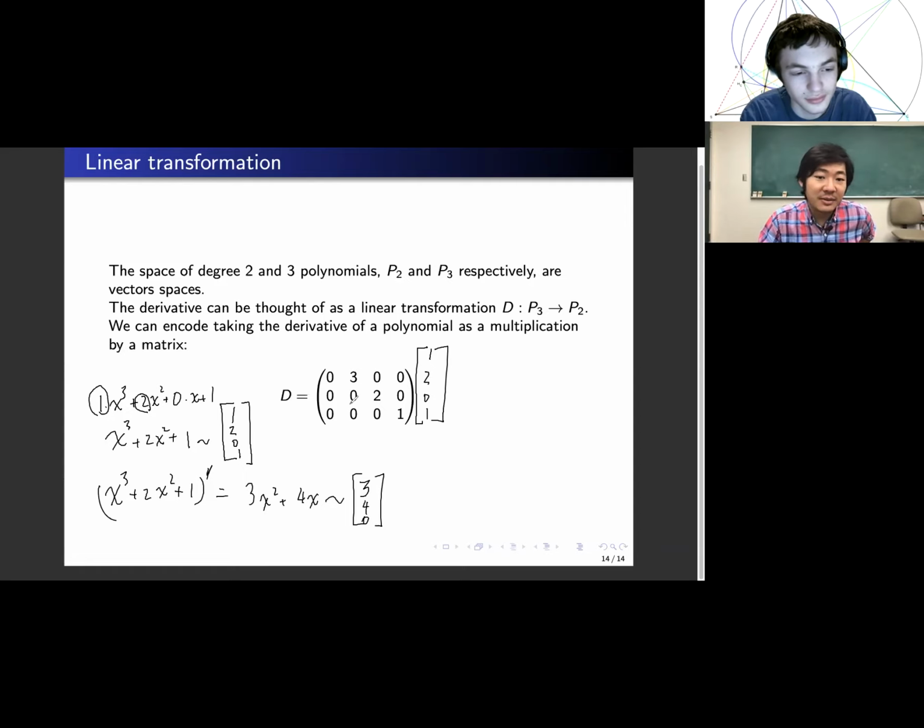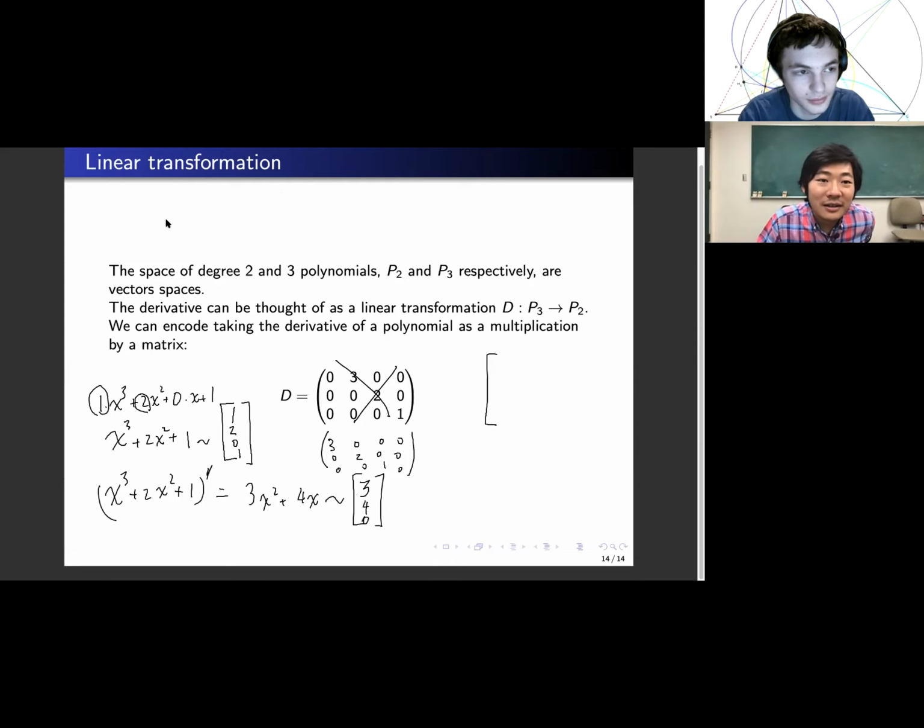So d times this polynomial is going to be, okay, I think I did mess up. Sorry, it's not this matrix. It should be 3, 0, 0, 0, 0, 2, 0, 0, 0, 0, 1, 0. Yes, that looks more correct. I added the 0 column in the wrong place.